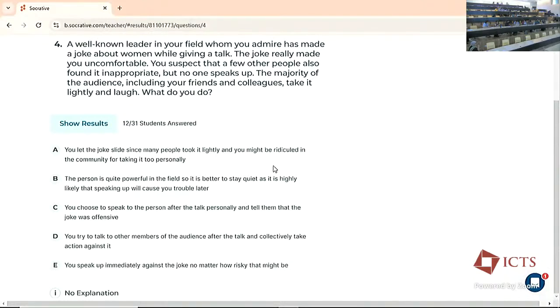Please vote. Okay, can you all please vote if you haven't voted, because we're running out of time.